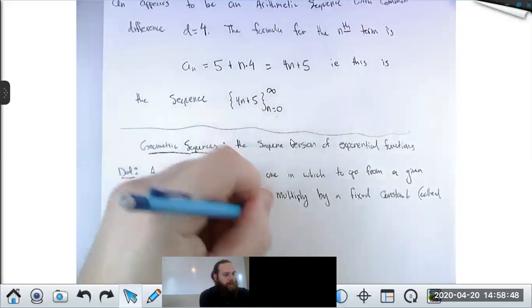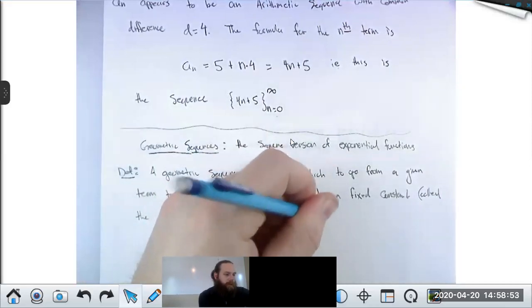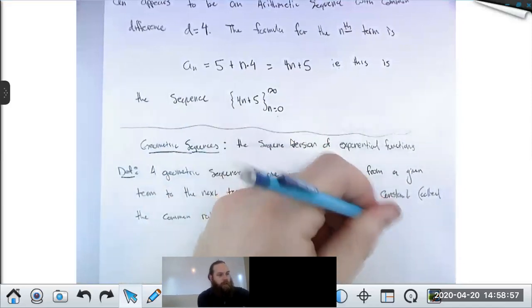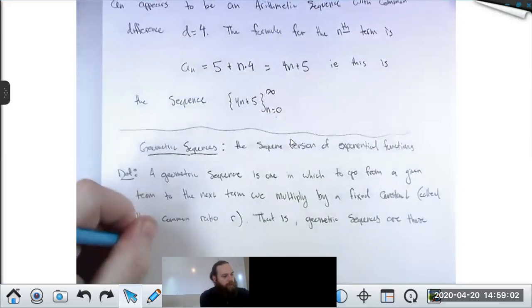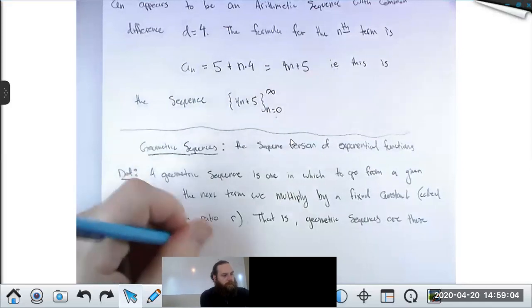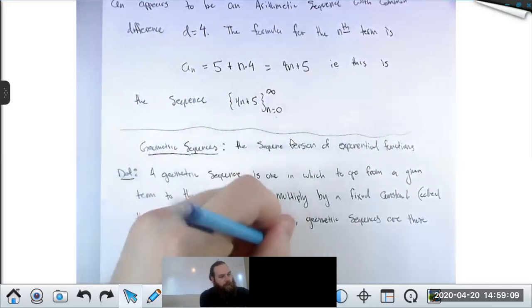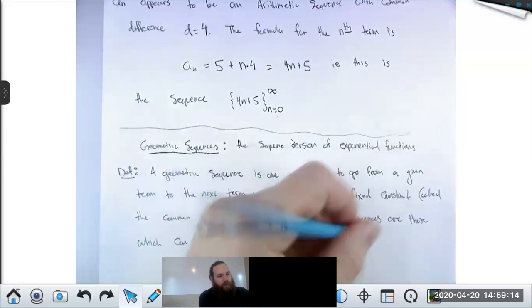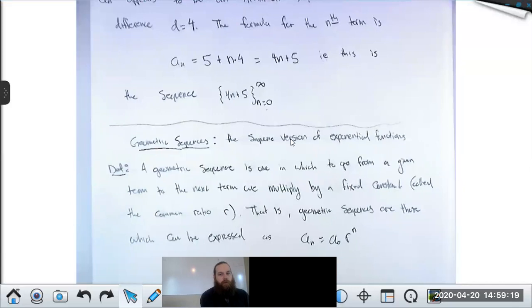That is, geometric sequences are those which can be expressed as a_n equals a_0, the starting term, times r to the n. So we'll look at an example here.